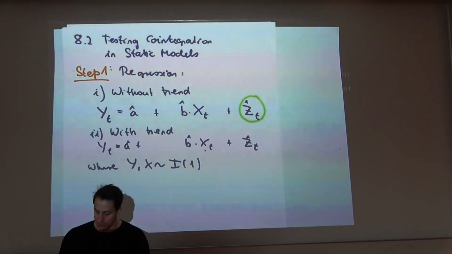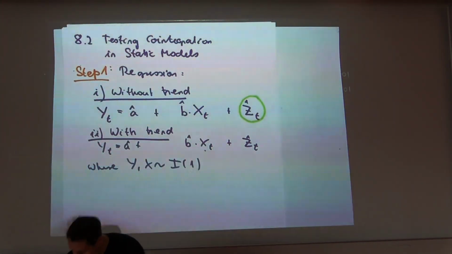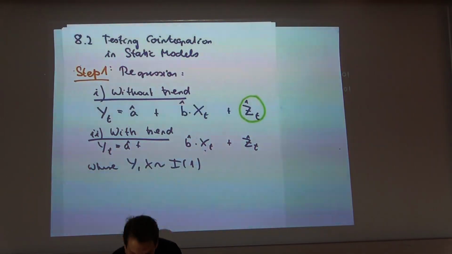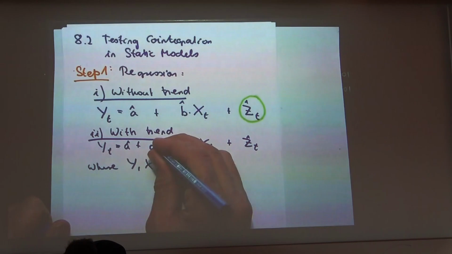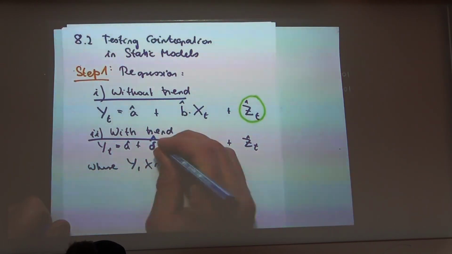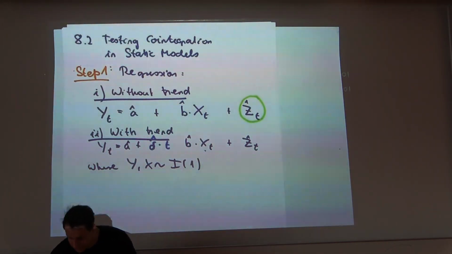So either you use the first regression, without trend, or with trend, and if you want to include the linear trend, then I will include this by means of the following parameters. So I will have delta_t times t. That will be the linear trend here, guys.